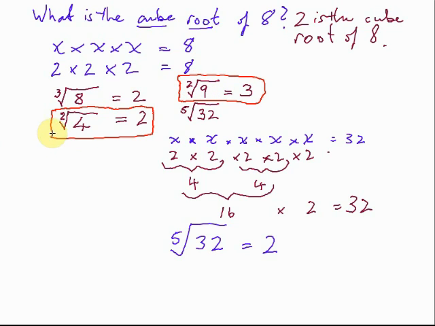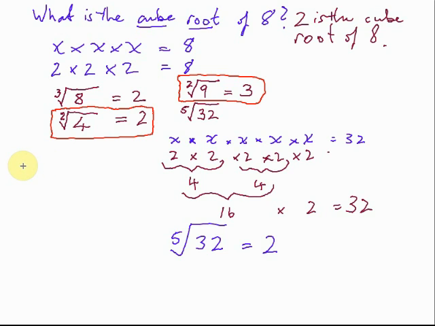But let's ask ourselves whether there might be numbers other than 2 which, multiplied by itself, equal 4. Is there another number besides 2 which multiplied by itself is equal to 4? It doesn't really seem so, does it? 1, 2, 3, 4. It doesn't really seem so.